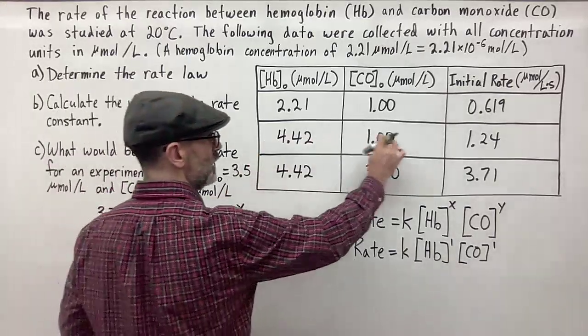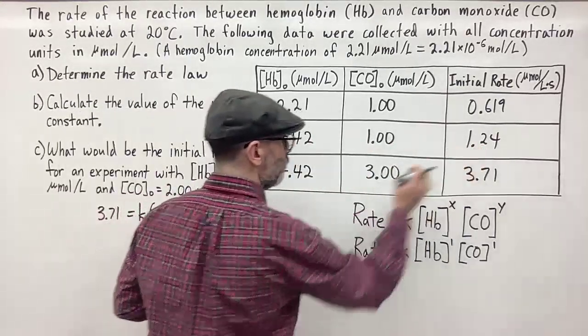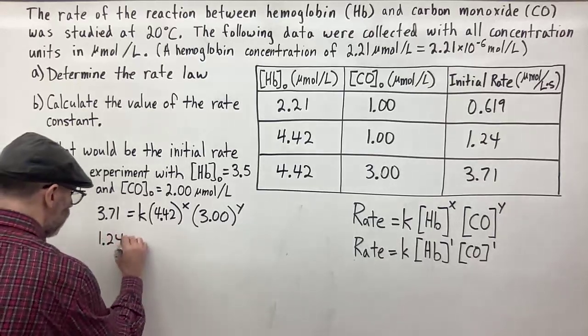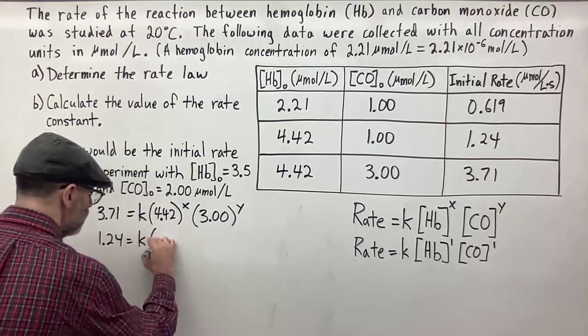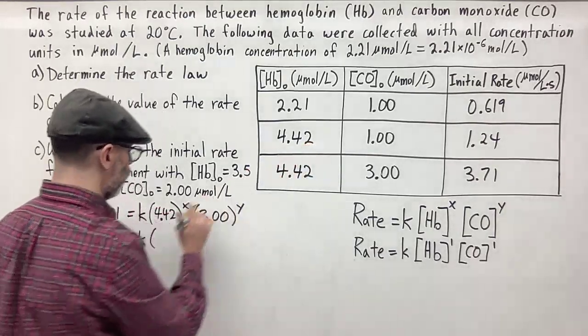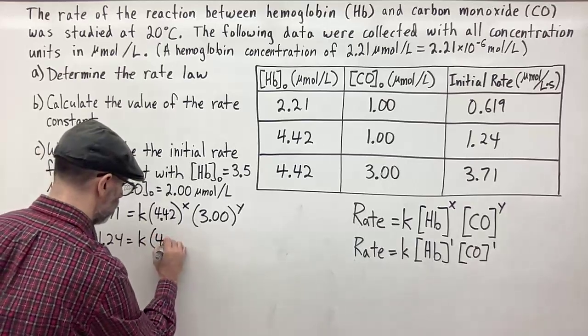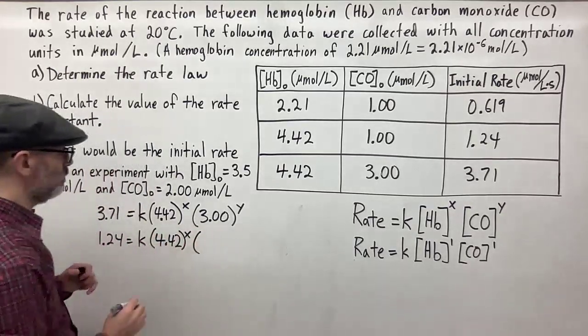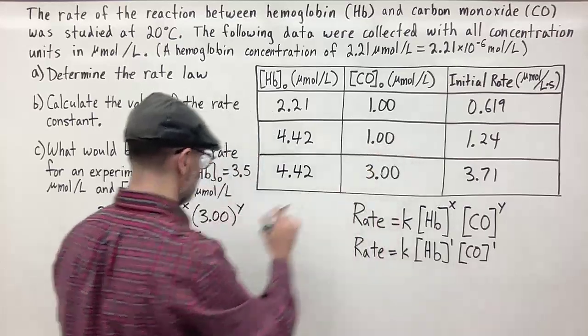And again, we'll do this one. So 1.24 is equal to K times, again, 4.42 to the X times 1.00 to the Y.